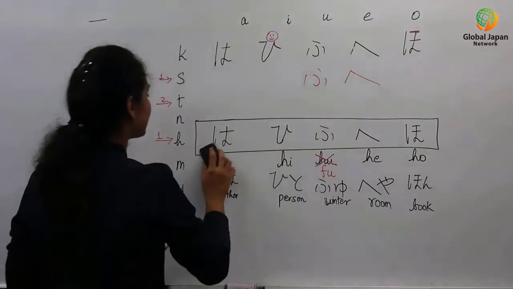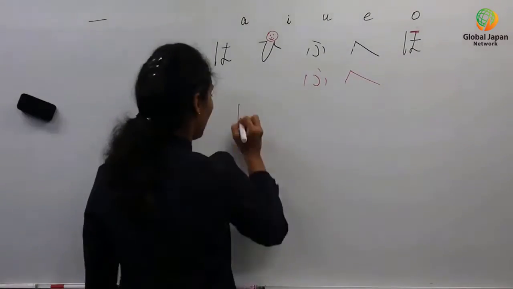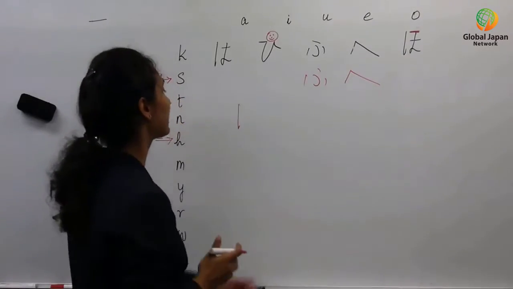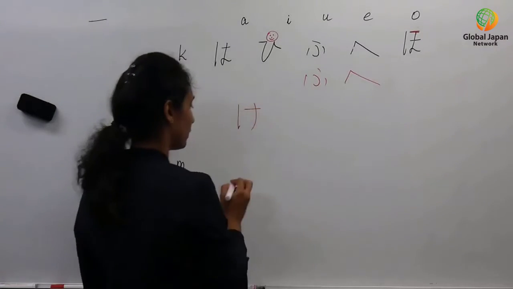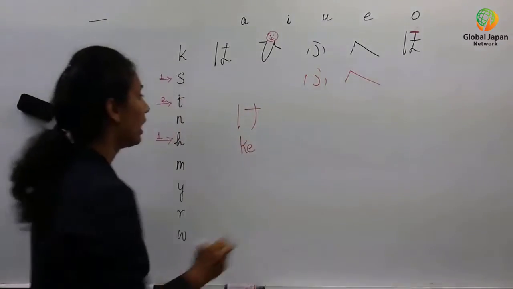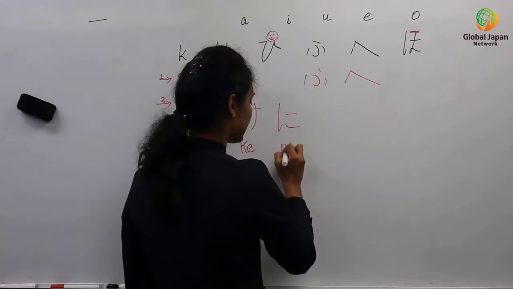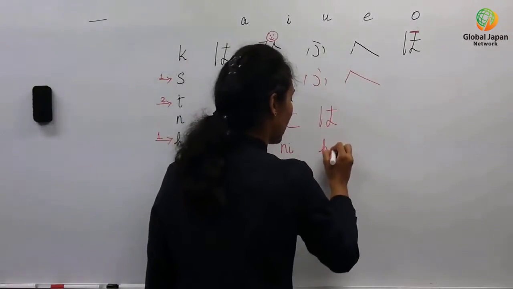Drawing some similarities between the characters which we have been learning so far. What all characters have a line drawn beside it? First one, we saw this one. What is this? This is ka. A line drawn with something next to it was this one. It's ni. A line drawn with an L next to it, ha.